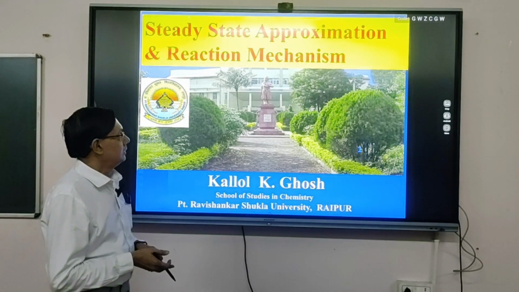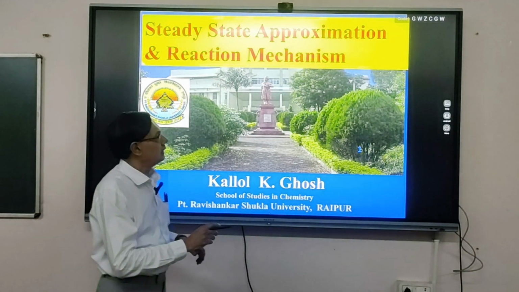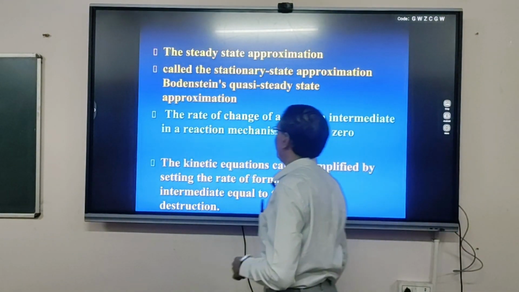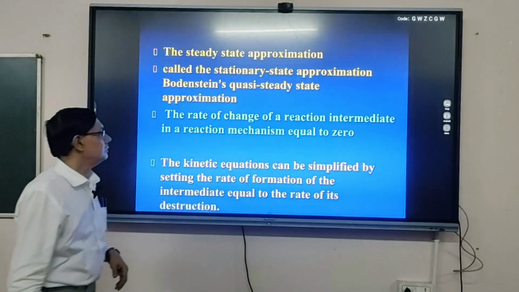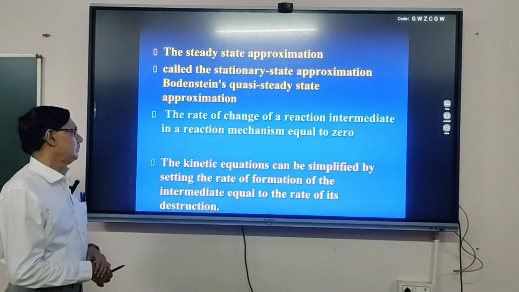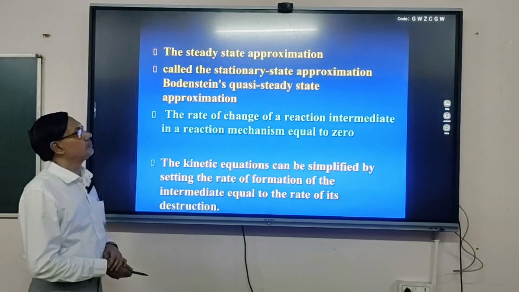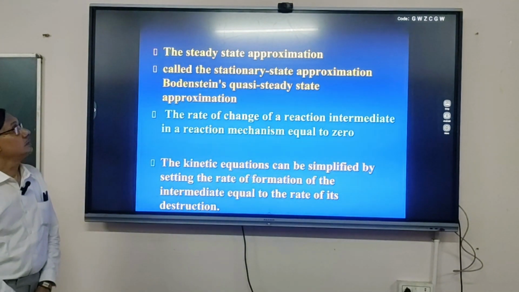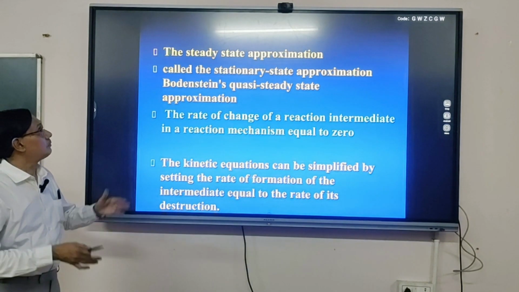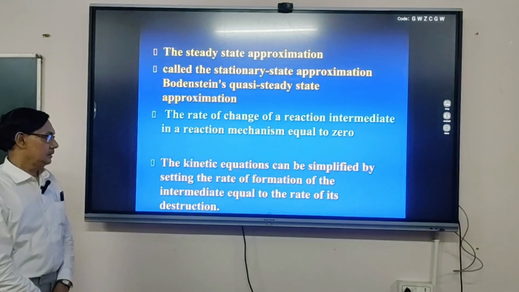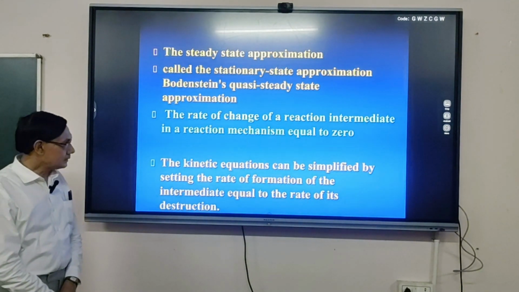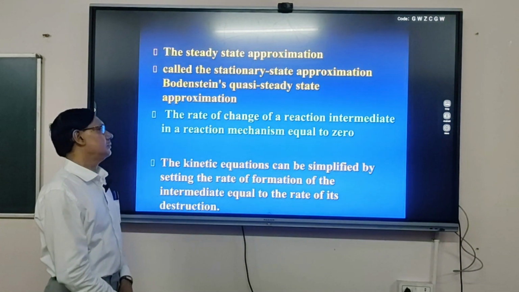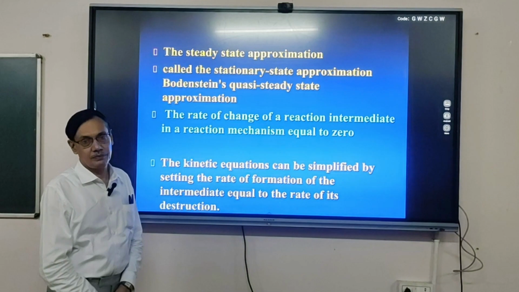And in considering that zero condition, we can apply the kinetic equation. And you will be happy to know that this steady state approximation was developed by a very great scientist, Max Bodenstein.